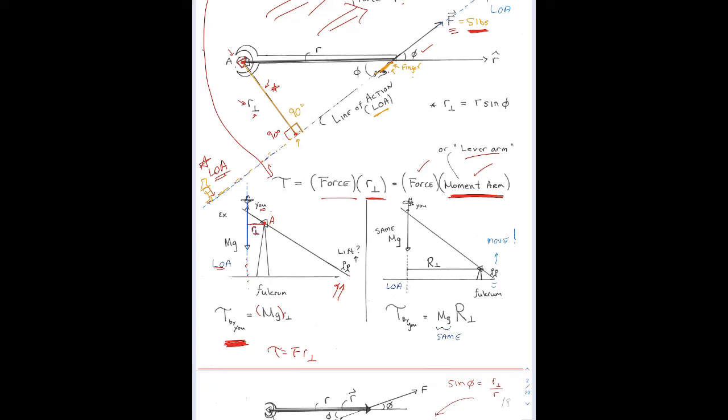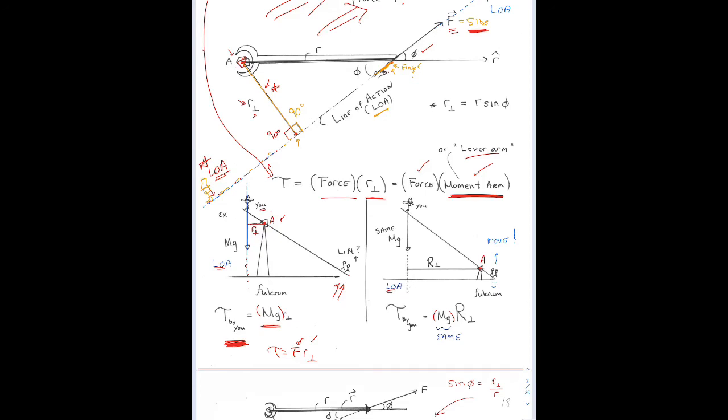So let's say you're standing on the seesaw, and it doesn't rotate. You can't lift them. Well, you can't change your applied force. So how can you increase your torque? You change where the fulcrum is. You can change your moment arm. So here I move the fulcrum from here over to there. So there's my new axis A. Now the torque exerted by you is still force times moment arm. So here's the force, same force.